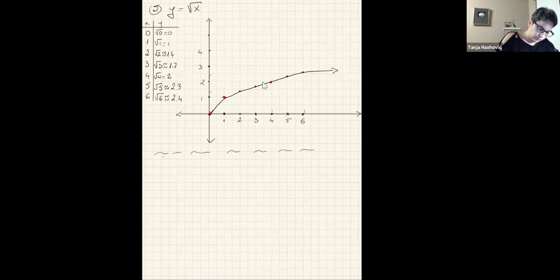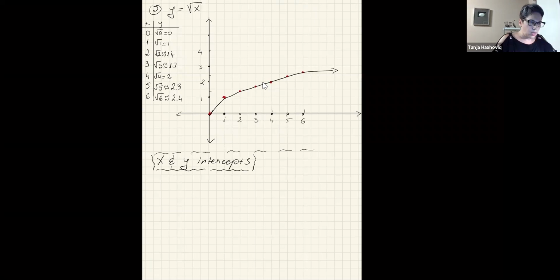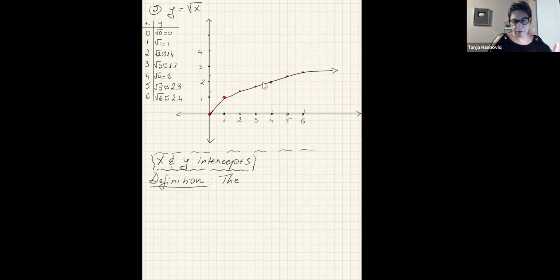All right. So x and y intercepts. Definition. The x-intercepts, by the way, the graph of an equation may cut the x-axis more than once. That's why in this definition I'm referring in plural to the x-intercepts.